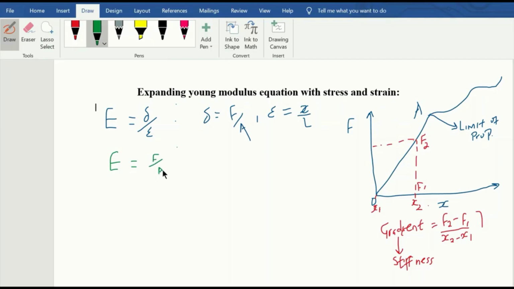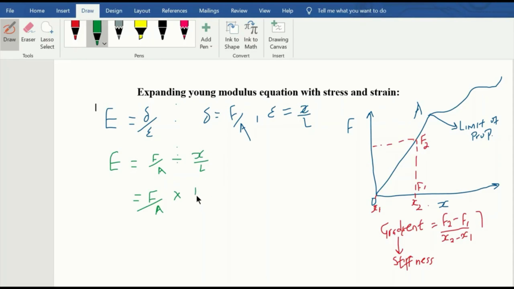divided by the strain. The strain is x over the original length. So therefore we can say force over area, and in math we change division to times, so when we change division to times, we have to flip the right-hand side.